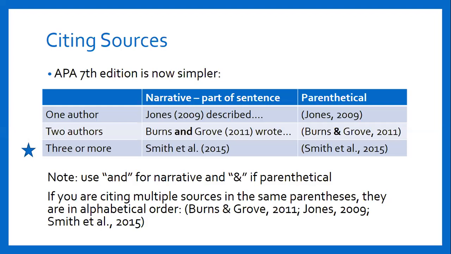But if it's three or more, et al. There used to be a table of how many names, and it was just such a headache. This is way simpler. 1, 2, 3, et al. And if you have multiple sources in the same parentheses, they are put in alphabetical order to ease the reader's ability to find the complete reference in your reference list.